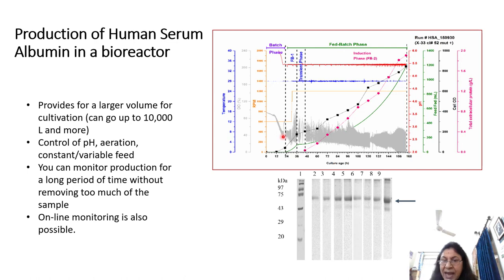This trend also tells you how much carbon is there. In this particular case, the Pichia pastoris are using glycerol as a carbon source. As long as there is a substrate available, the cells are going to consume oxygen, and that is why there is a drop in the dissolved oxygen.